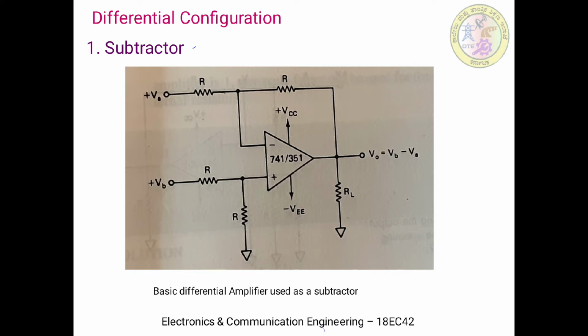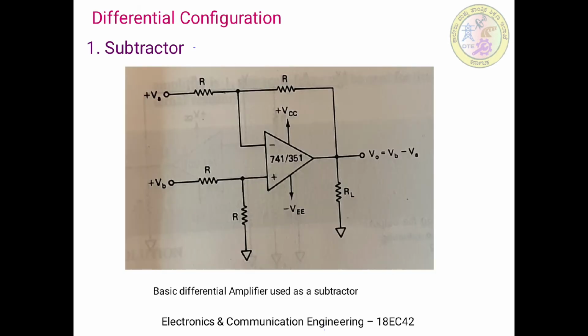So when inputs are connected to both the terminals, here we can write V0, which is actually the differential output. Therefore the expression for output voltage in this case will be V0 equal to minus R divided by R into VA minus VB.